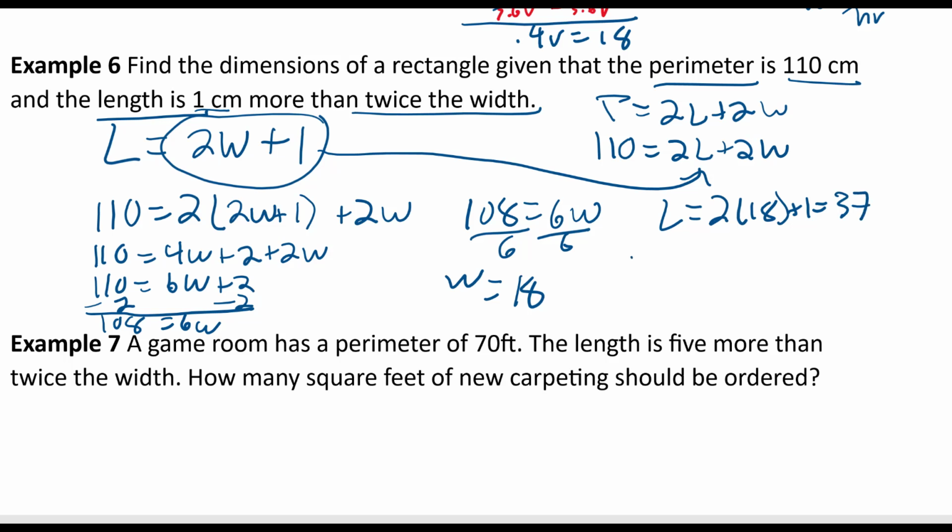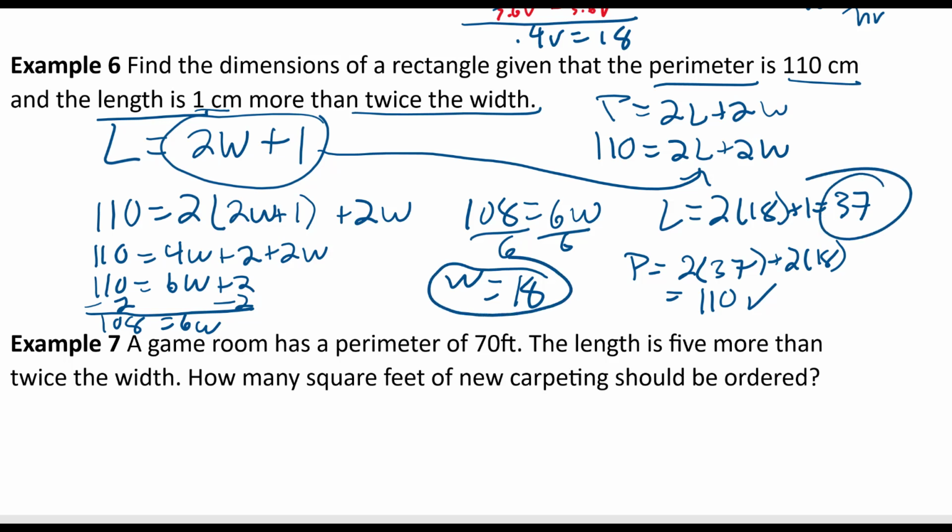Let's just test this. The perimeter is 2 times 37 plus 2 times 18. And I get 110, which is what they said the perimeter was, so that works. So 18 and 37. Those are the dimensions.